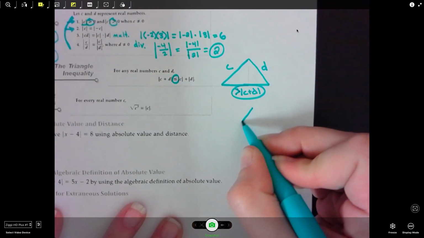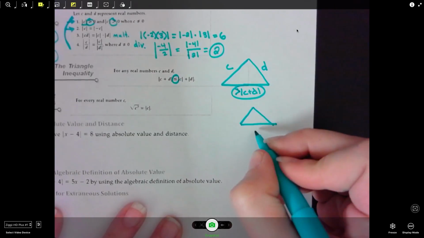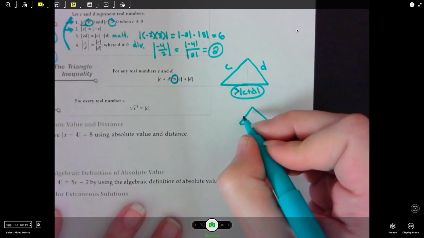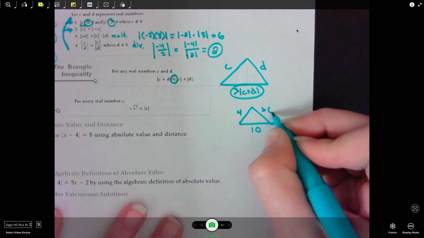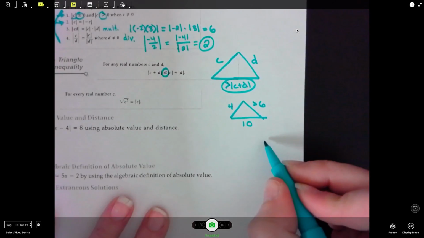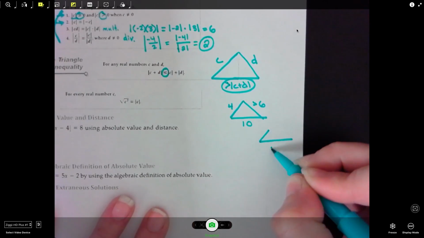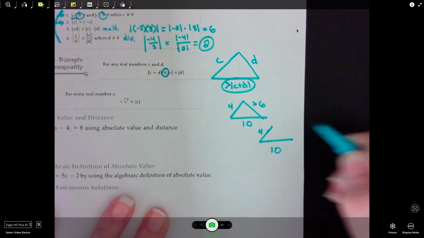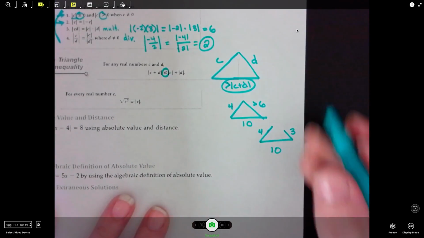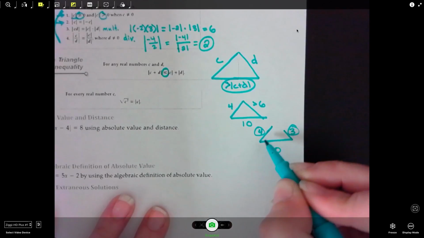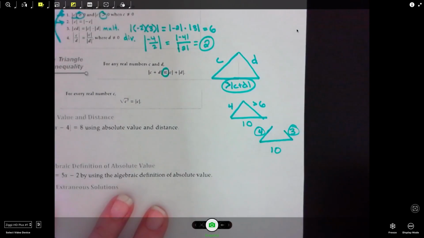If I put numbers to that, let's say this bottom side here is 10 and this side up here is 4. This side has to be larger than 6. If it's not larger than 6, like let's say here's 10 and here's 4, and this side is 3, those two sides will not meet each other, because 4 plus 3 is 7, and those two sides will not match up.